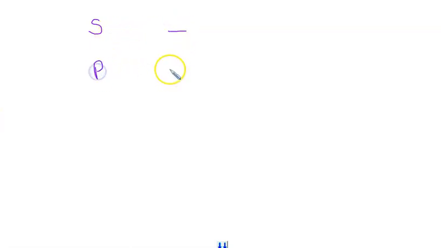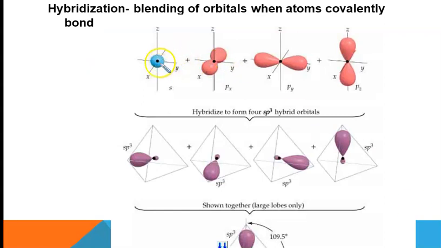For the P, I drew 3 blanks. Remember, they could hold 6 electrons. That's the arrows. But these blanks were the orbitals. The blanks were these crazy things. So the S had 1, and the P's had 3. These crazy things here, we use blanks instead. That's going to be important. We're going to be thinking about those blanks.